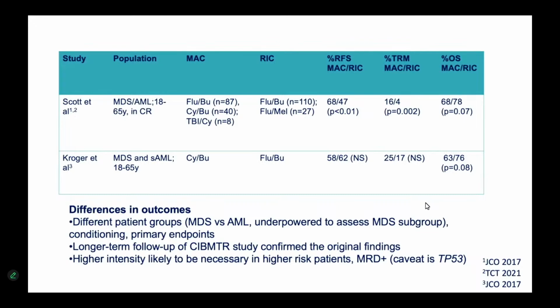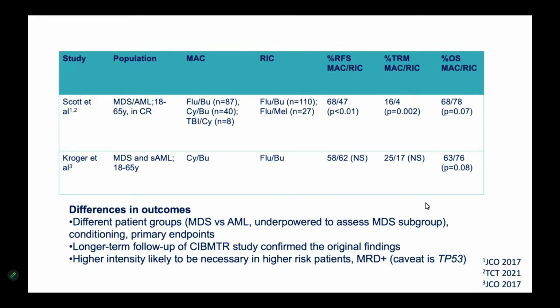They included different patient groups, and the MDS patients tended to be a much smaller subgroup, particularly in the Scott study, so it was underpowered to specifically address outcomes for MDS. There were differences in the choice of MAC and RIC conditioning, and they had different primary endpoints, which makes it difficult to completely extrapolate between the two.